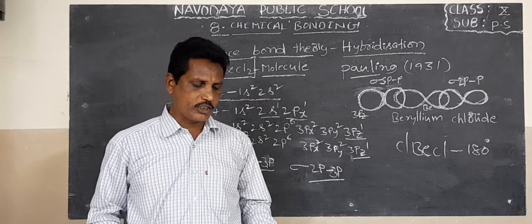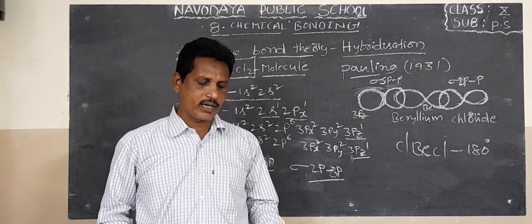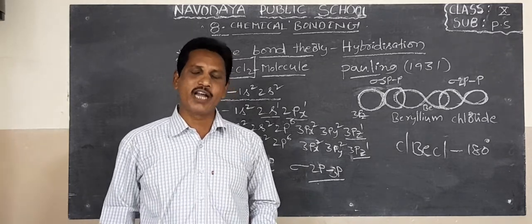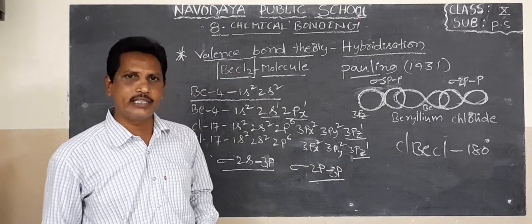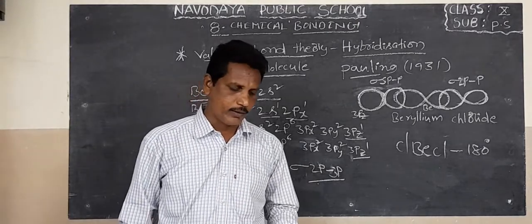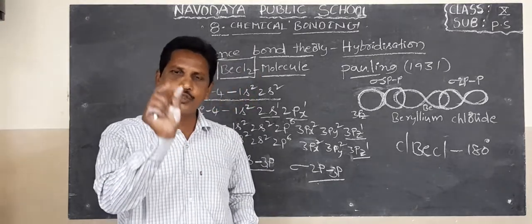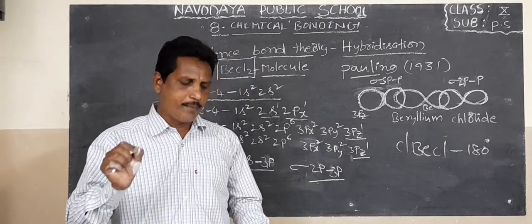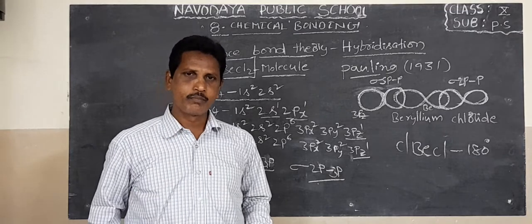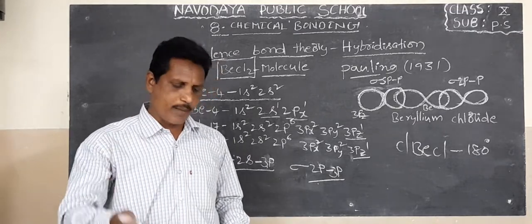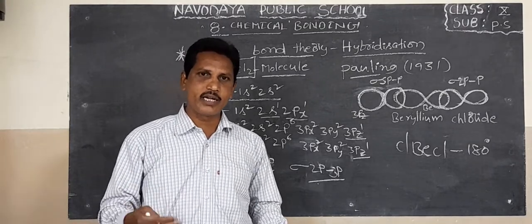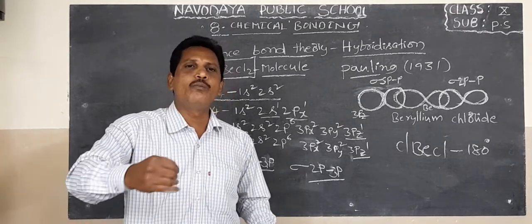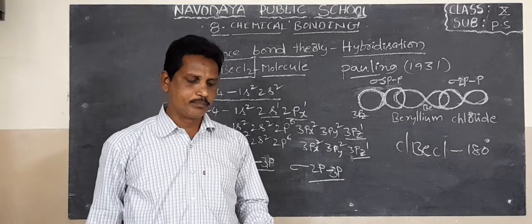To explain this phenomenon, we use hybridization of atomic orbitals, proposed by Linus Pauling in 1931. Hybridization, most important for students, is the phenomenon of intermixing of atomic orbitals of almost equal energy.